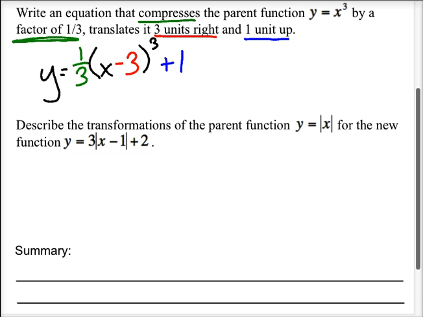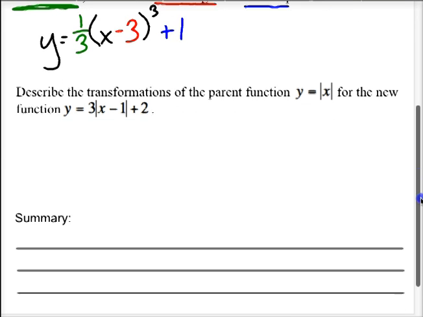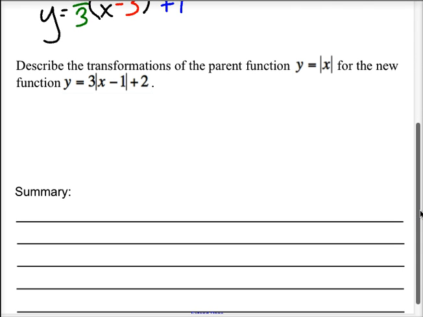Another important skill to have, again, is being able to do the opposite. So we've been working on constructing the equations, but now let's be able to look at an equation and work backwards to describe what's happening. And I always describe it left to right. So the first thing I notice is that 3.